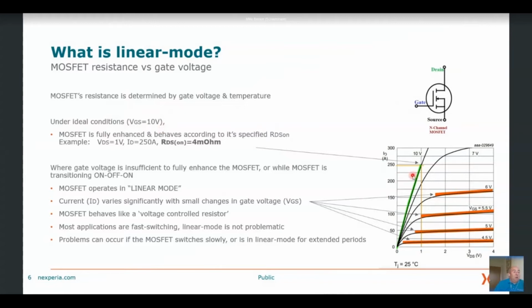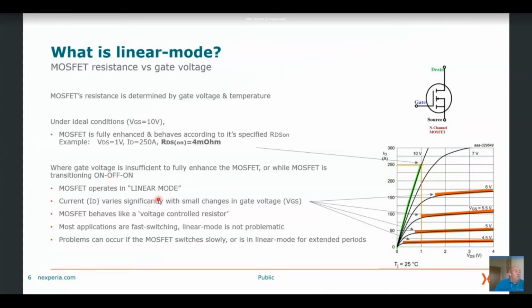And at 10 volts, you can see from the graph that the device is fully turned on. It can handle a lot of current with very low voltage across it. And that point represents 4 milliohms in this example. So the MOSFET is fully enhanced.